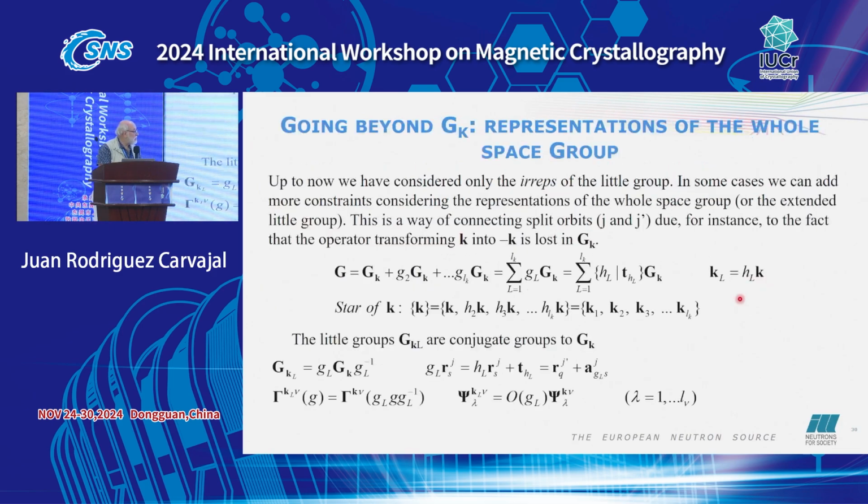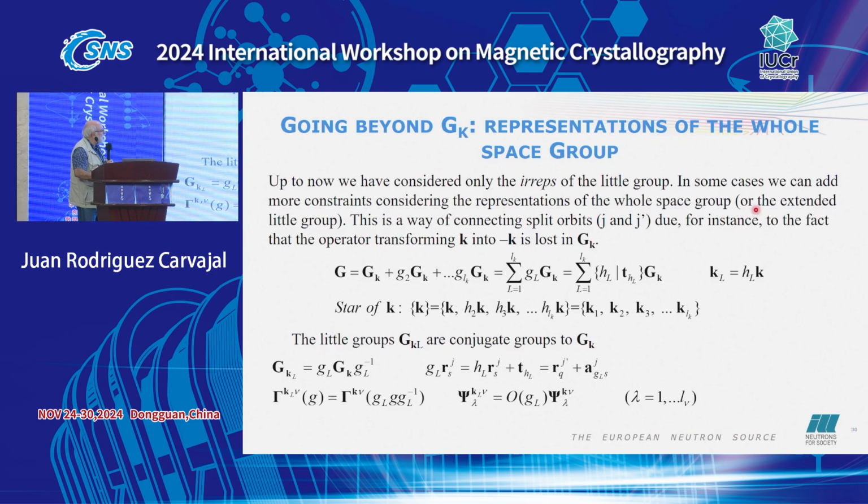For the case of the space group, you can do the same, and we can also construct the basis functions using the induced representations. One important thing here is that up to now we have considered only IREPs of the little group. In some cases, we can add more constraints using the representation of the whole space group, of the extended little group.